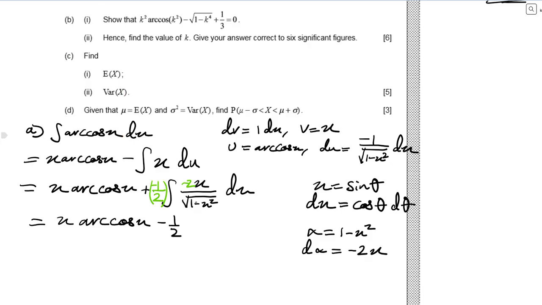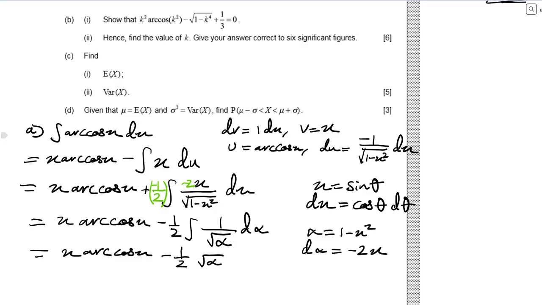And then this is simply the integral of 1 over root alpha d alpha. We divide by 2, so that means we have to multiply by 2.